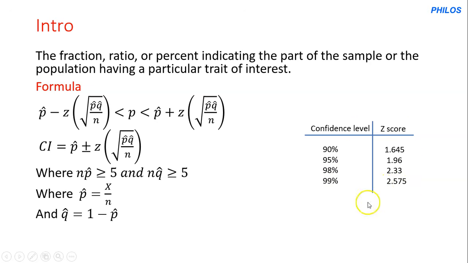So you have to keep these various z-scores for these confidence levels. You can also be given 80%. There you would have to find the z-score yourself. But these are the common ones. You can keep them without necessarily finding them again when you are in the exam.